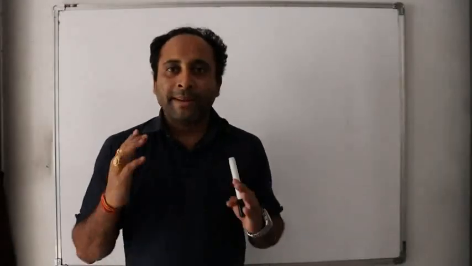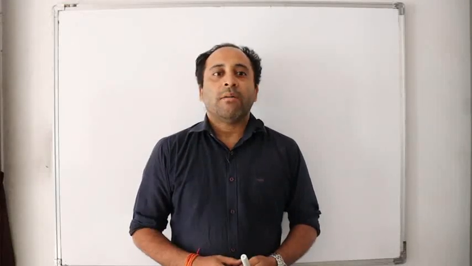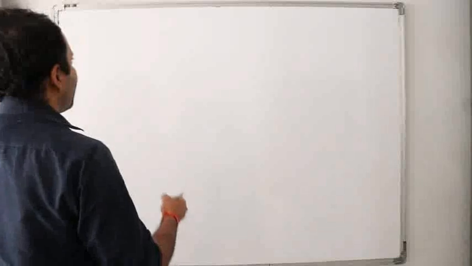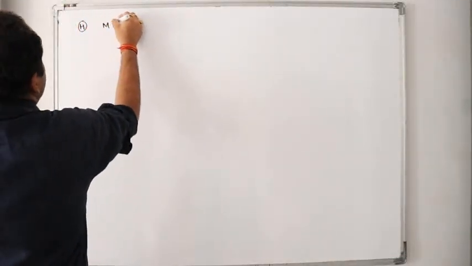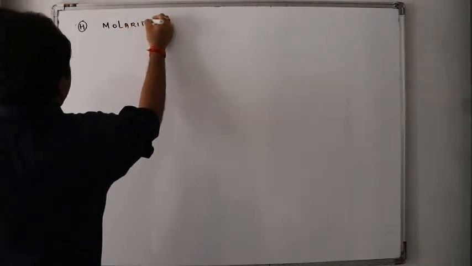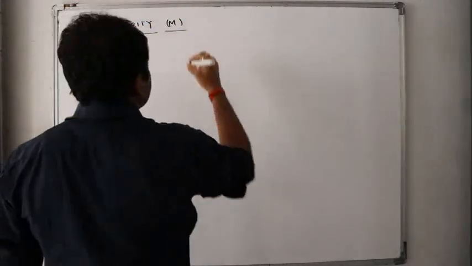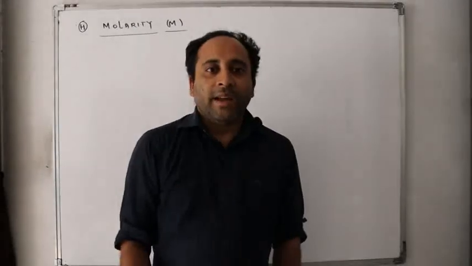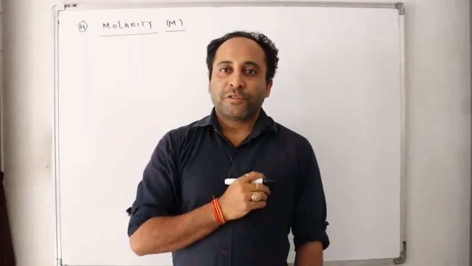Here comes the next method, and also one of the most important methods for expressing the concentration of a solution. So the next method is molarity, that is M. What is molarity? It is the number of moles of solute present per liter of solution.